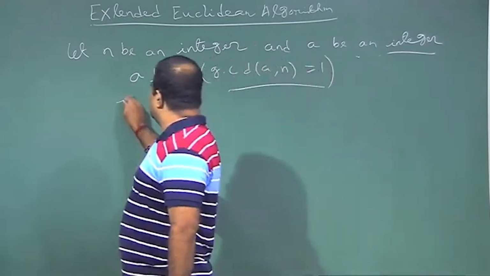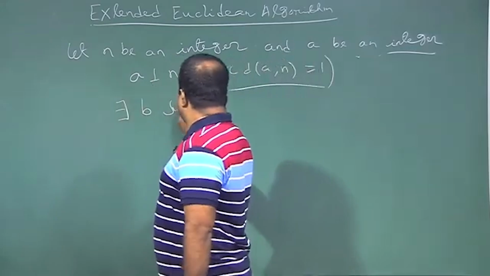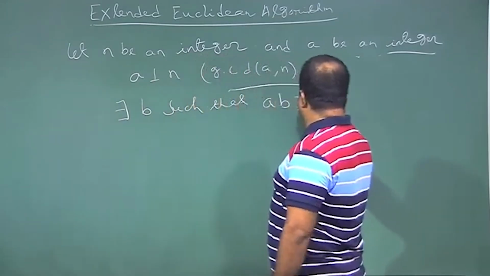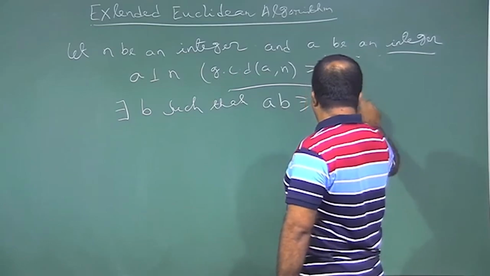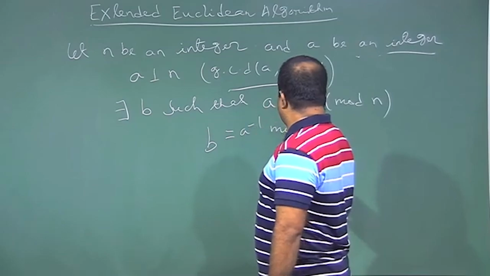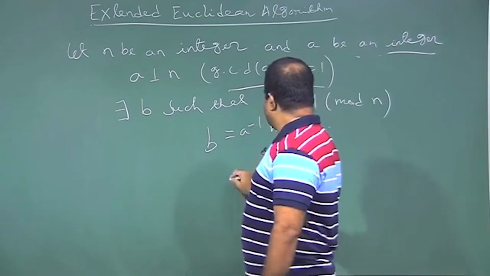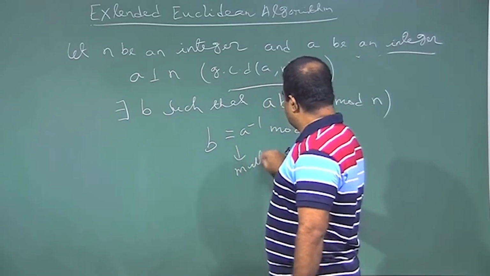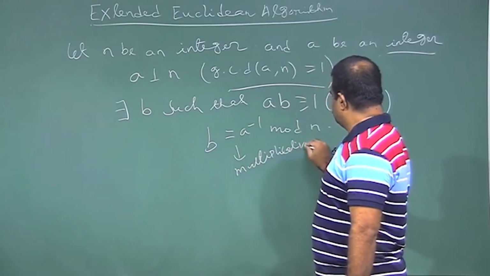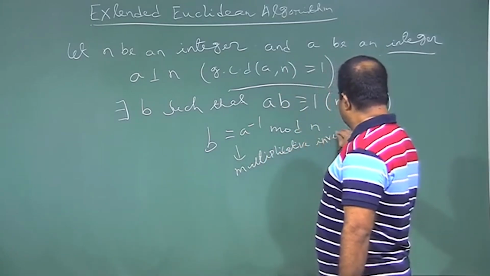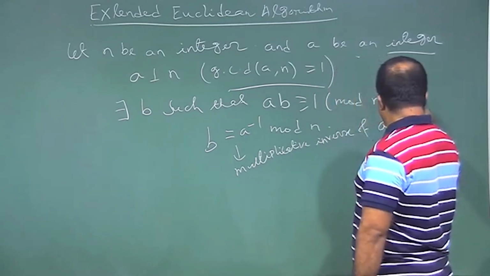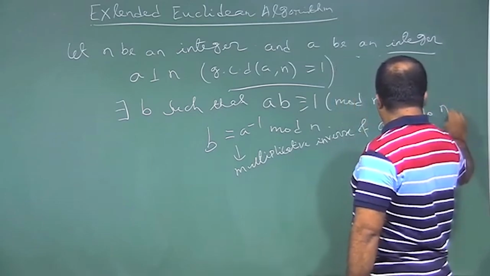So, that means there exists a b such that a into b is congruent to 1 mod n. Then this b is called a inverse mod n, the multiplicative inverse of a modulo n.